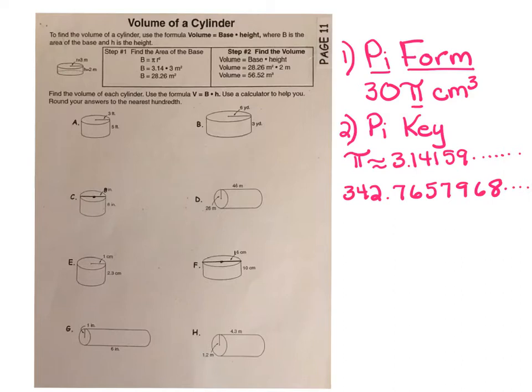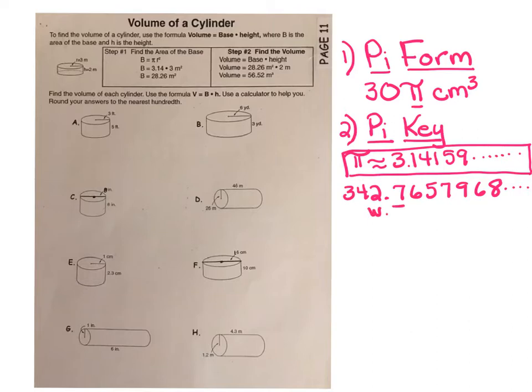The second way you may be asked to calculate the volume is using the pi key on your calculator. We know the pi key gives us a value that we can plug into the formula. When you get your answer, it may need to be rounded.